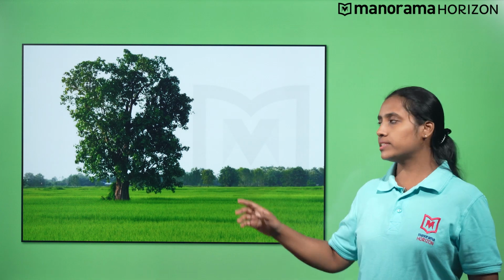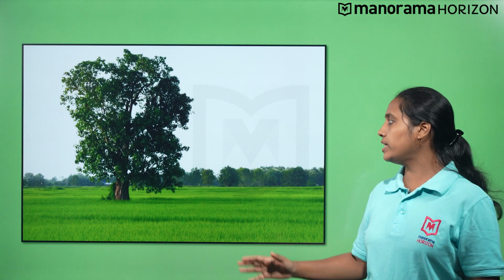In an area, if there are 200 rice plants and a single large tree, the population density of the tree is comparatively low compared to that of the paddy plants. But its ecological role is enormous. In this case, the percent cover or biomass is used to measure the population size.